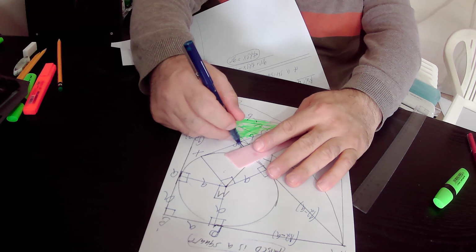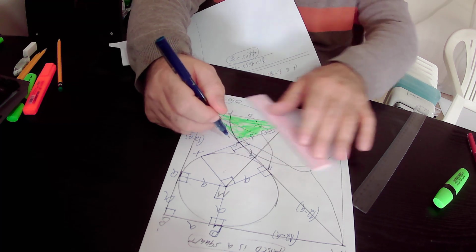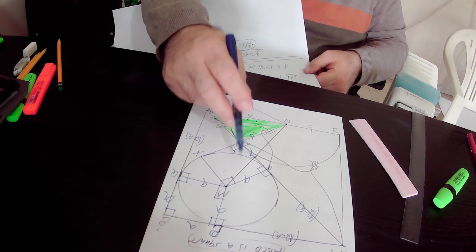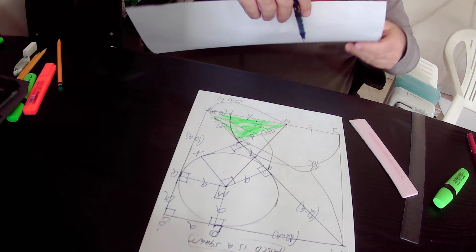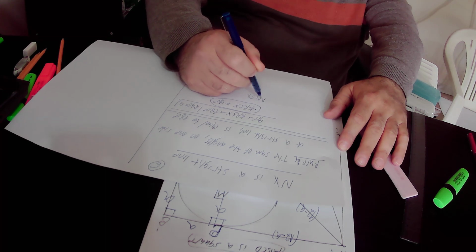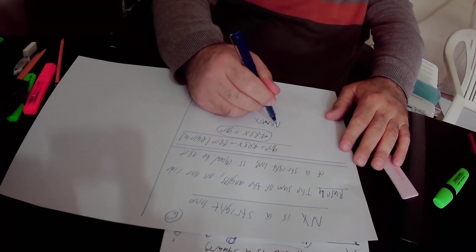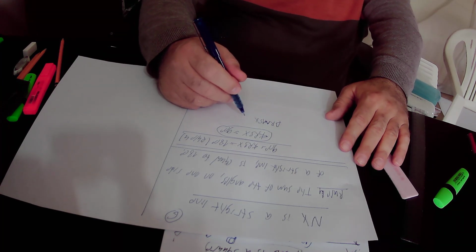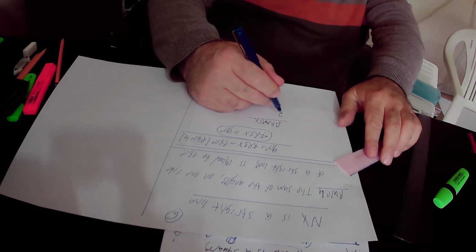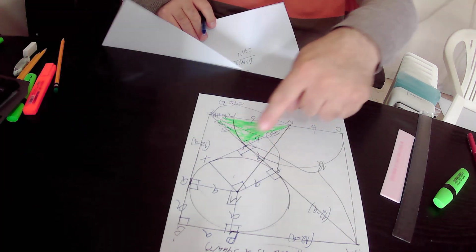This angle is a right angle, it is equal to 90 degrees. So quadrilateral RMSX has 1, 2, 3 right angles. The sum of 3 right angles is 270 degrees, plus the size of the fourth angle, that is actually angle MXS.